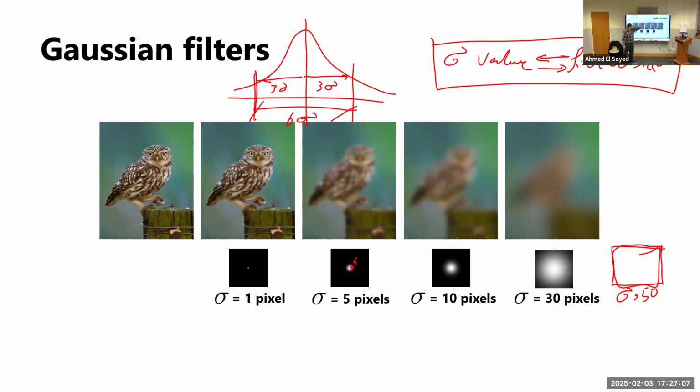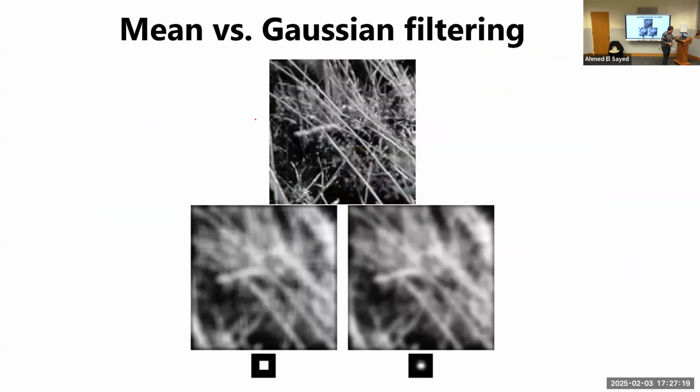If it's lower than 6 sigma, then the filter will mostly be white. Again, we'll come to visit this part back when we discuss feature extraction.